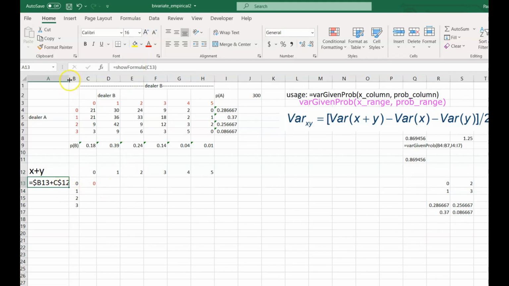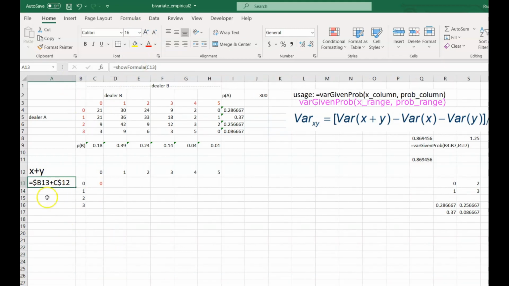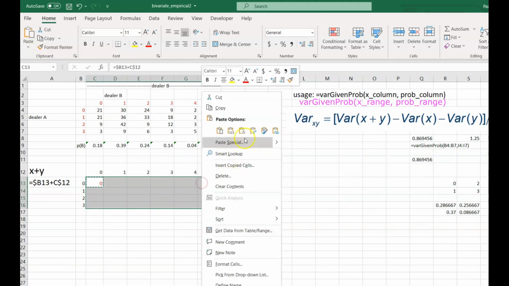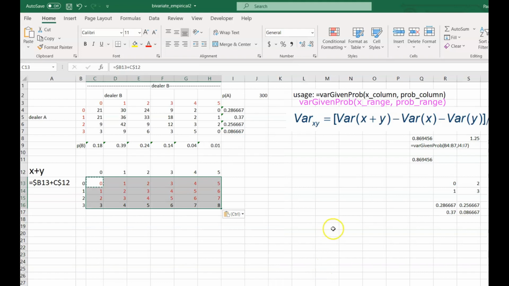So this one we lock the B column. We only fix the B column because we are going to use this column. And also for the horizontal direction we lock 12. Then we can copy and paste. So this is exactly our x plus y, or dealer A plus dealer B.